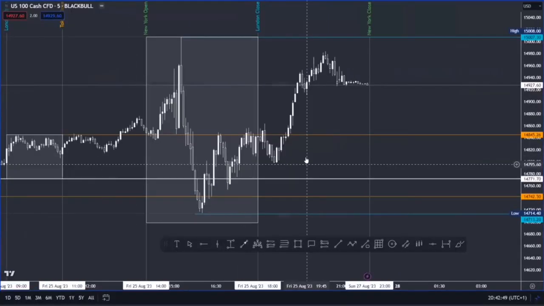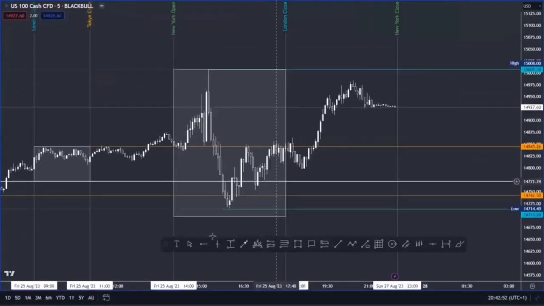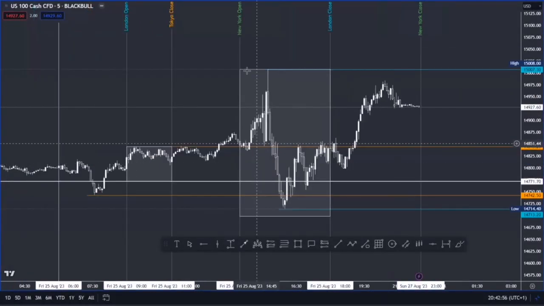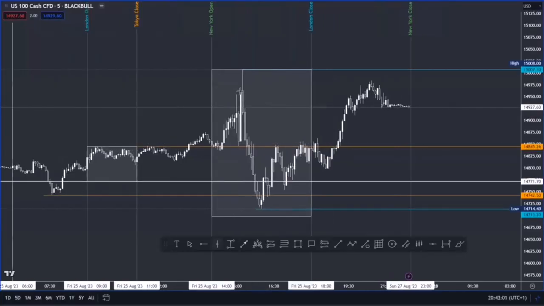And then also I said that your high point would be your dealing range, and where this body opens from this week would be your intermediate dealing range over here.